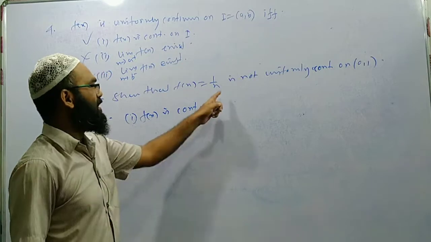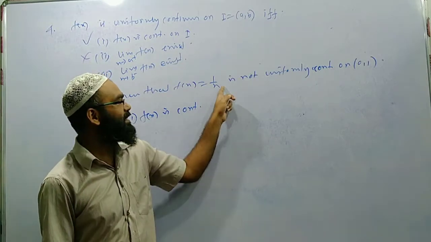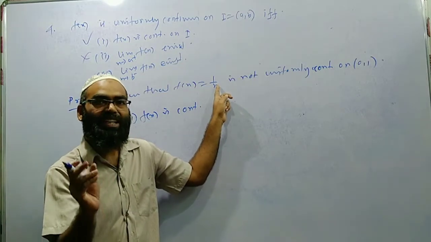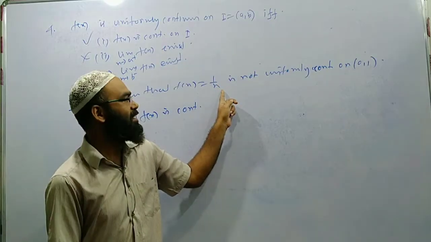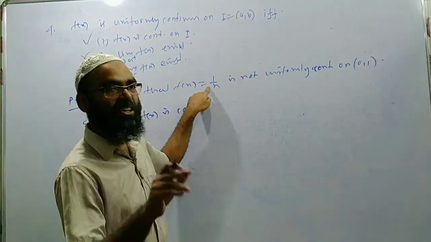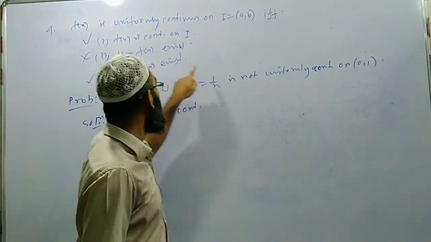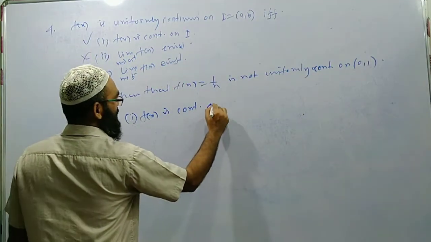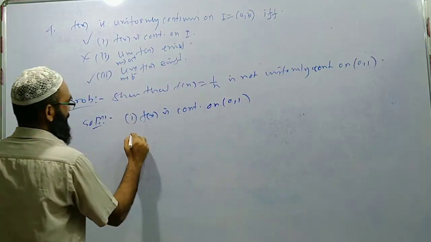We have said formally that this function is everywhere continuous except at the origin. Here the origin is not included, therefore f(x) is continuous on this interval. The condition is satisfied.